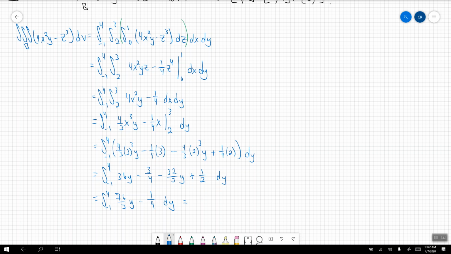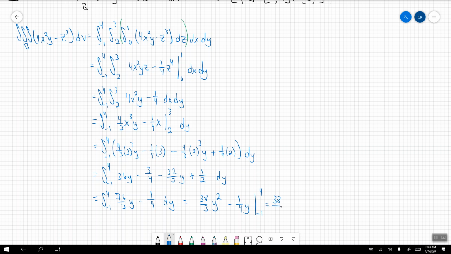That's going to be y to the power of 2, which means we divide by 2. So that's going to be 76 divided by 6, and that's going to be 38/3, minus 1/4 y, evaluated from -1 to 4.